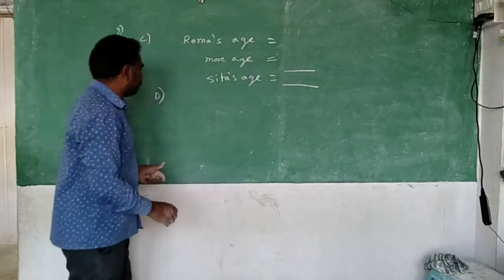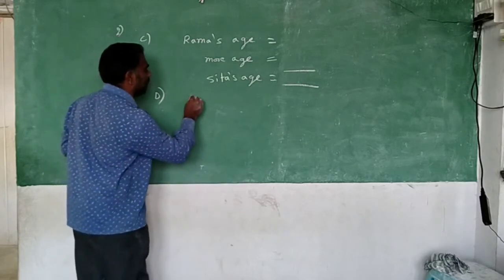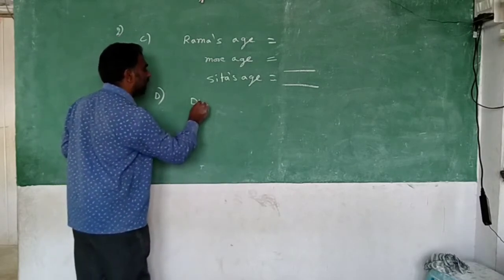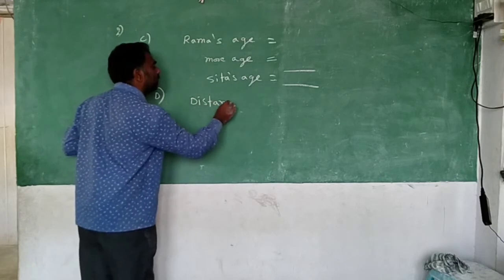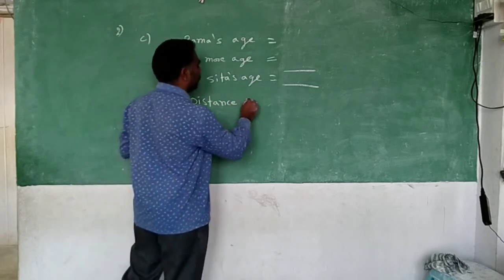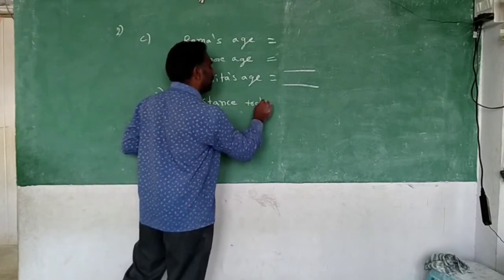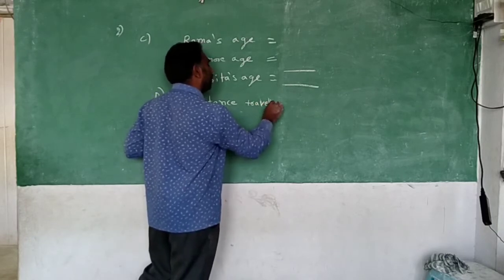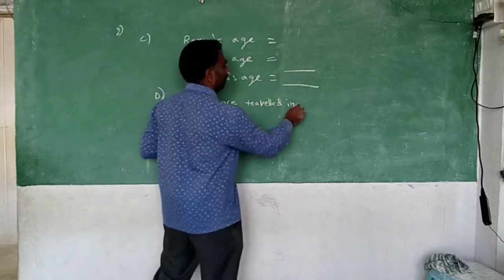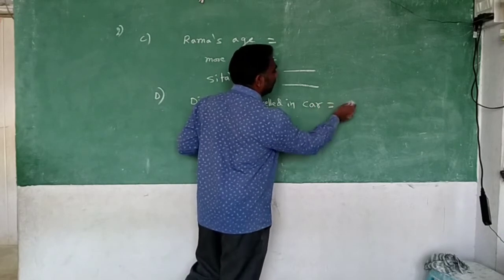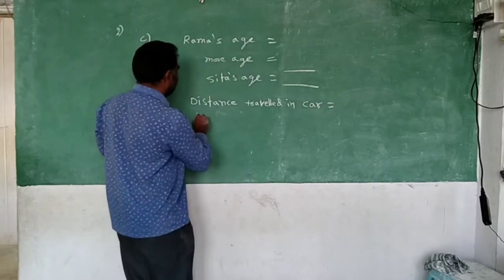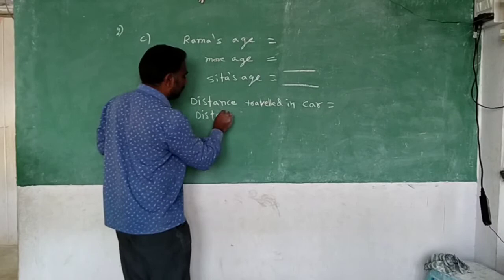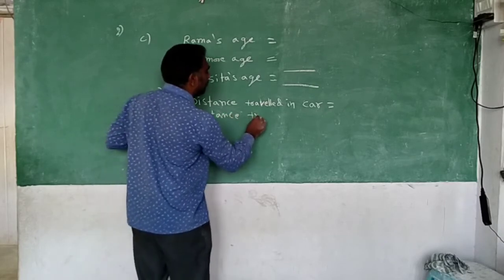So what are the steps you will write here? You will say, see, distance. You can copy these all. This distance traveled in car. How much distance traveled in car? You write here. Next, distance traveled in bus.